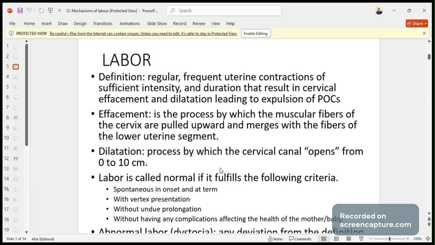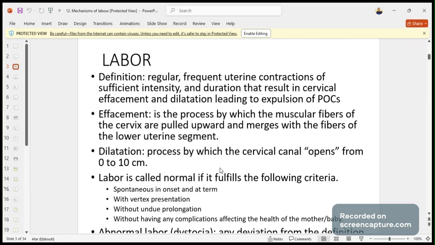Have you ever tried dressing a baby in a pullover, putting it on the head of the baby and you're forcing it to pass? So it's like the cervix is going to birth the uterus, therefore reducing the distance. So it is just the thinning of the cervix that we call effacement. Okay, so that distance is reduced.